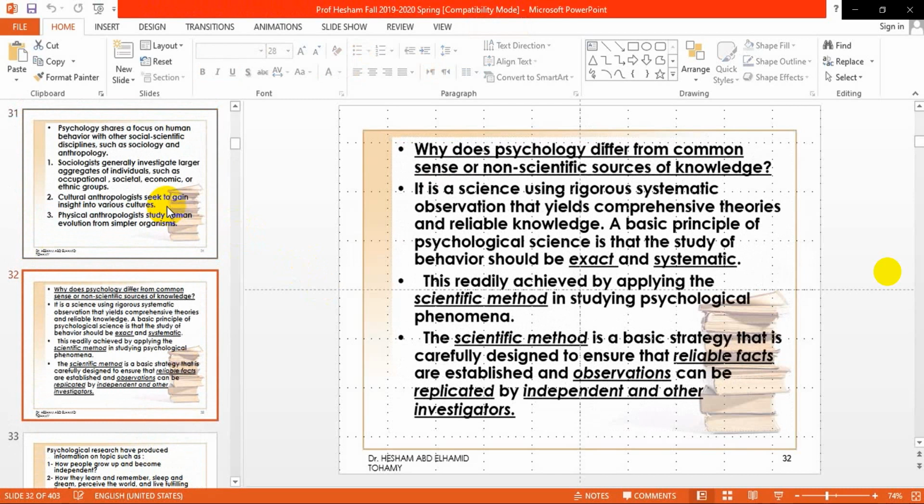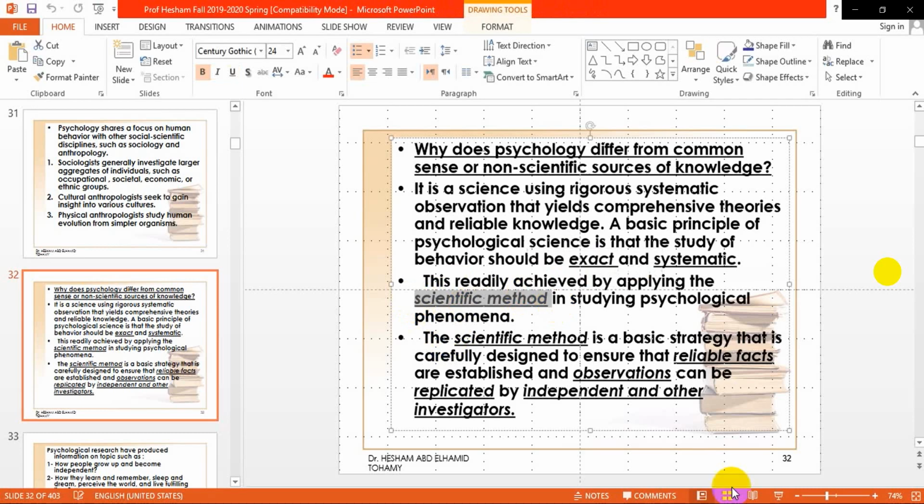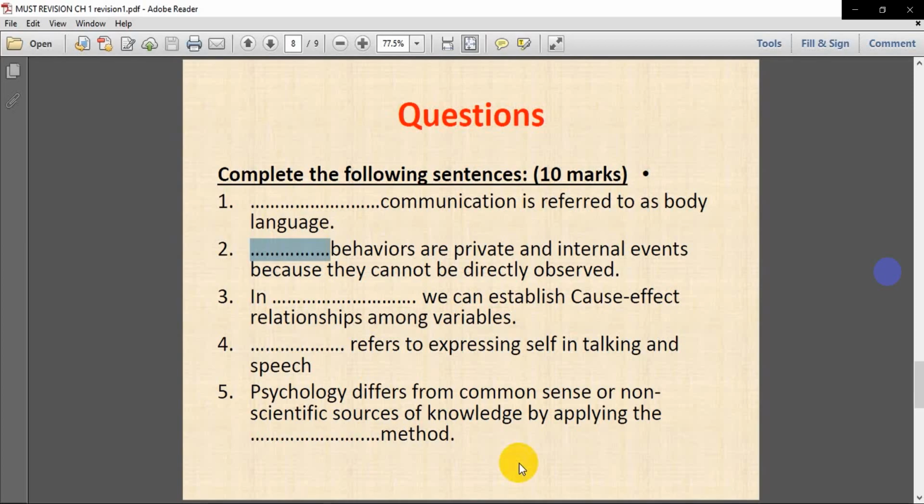Because psychology applies the scientific methods. So the study of psychology is exact and systematic. And we already defined the scientific method. So psychology differs from common sense or non-scientific source of knowledge by applying the scientific methods.